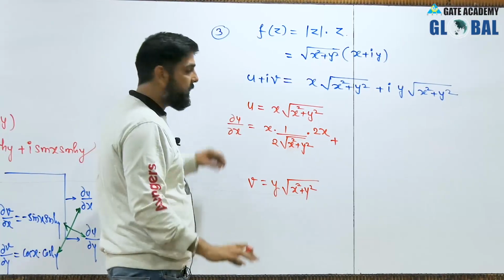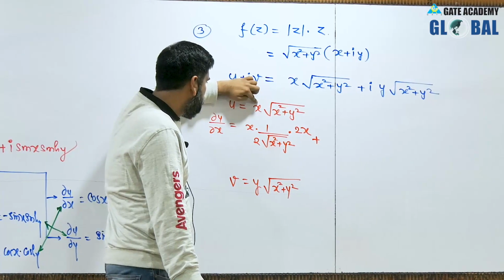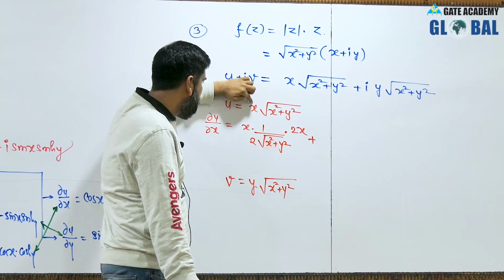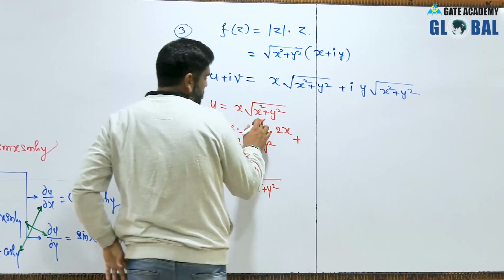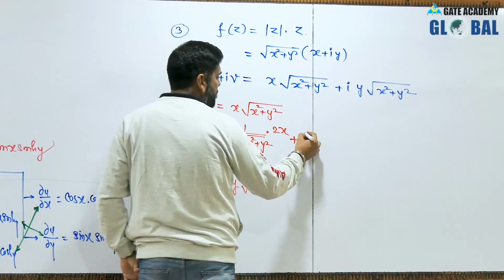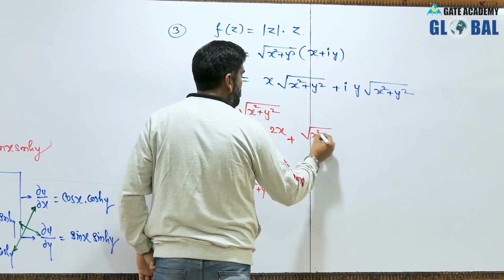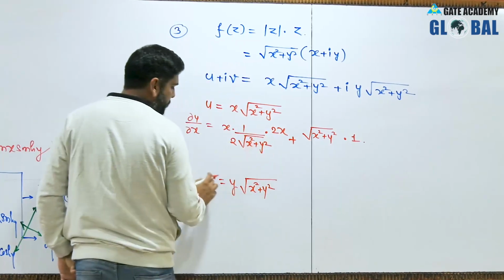See, what I am having is first function, right? First function with respect to x, I am having first function, and differentiation of this. So differentiation of this is nothing but what? The differentiation of this is nothing but 1 upon 2 root of this value, and the second function is nothing but x square plus y square, and yes, the differentiation of first is 1.